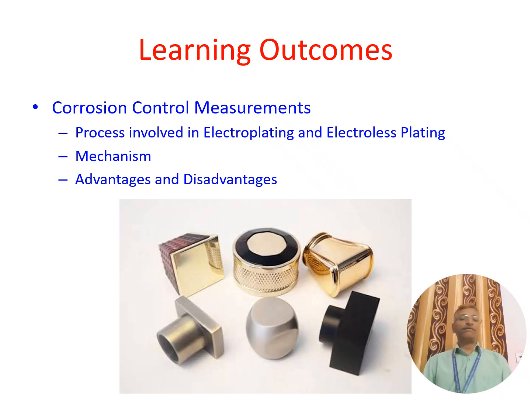Now, for this lecture, another way we can control corrosion is called electroplating and electroless plating. From this lecture you can learn the methods to follow for electroplating and electroless plating, and the advantages, disadvantages and applications.